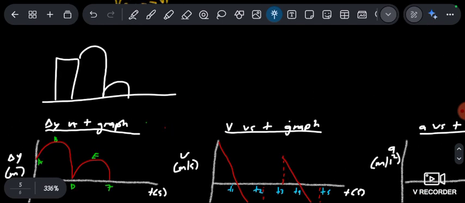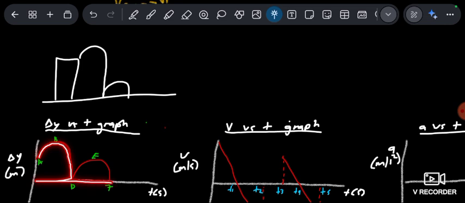Because we are going to go up, reach maximum height, go down to the ground, which is the 0 point, if I take the ground as a reference point, right? Because the displacement between the ground and the ball will be 0 at that point. And then I will go back up again, reach maximum height, and then go back to the ground.